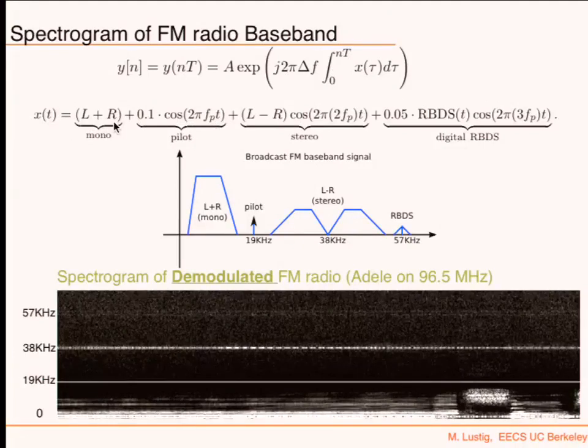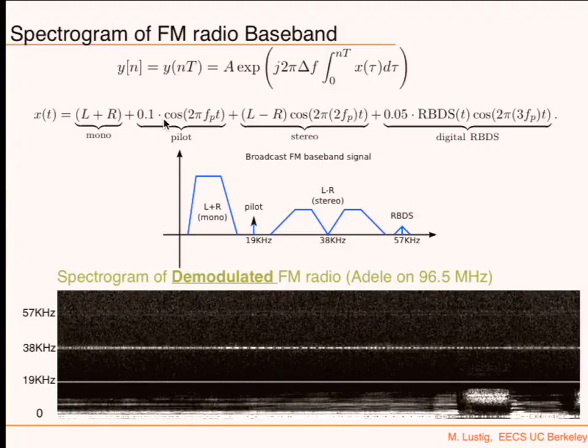What they want to send you is stereo music. They could have sent you the left channel separately and then the right channel separately and mixed them together somehow. The way they chose to do this was to send on the baseband, which is not modulated, x of t, the left plus right channels, which is really mono.